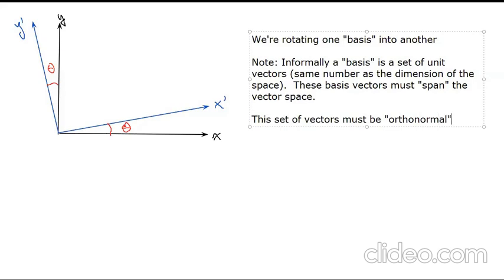So this set of basis vectors needs to be orthonormal, which means each one is perpendicular to the other ones. Or orthogonal is the pretentious word for perpendicular, if you happen to be in an abstract space where you shouldn't be thinking about 90-degree angles or angles at all.